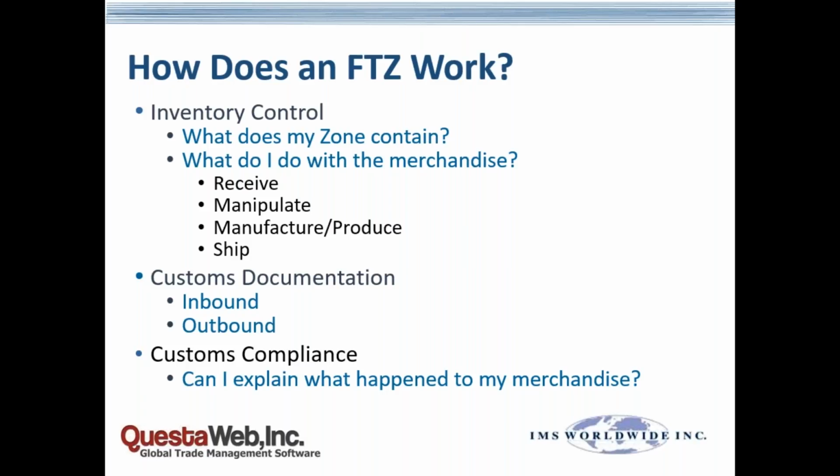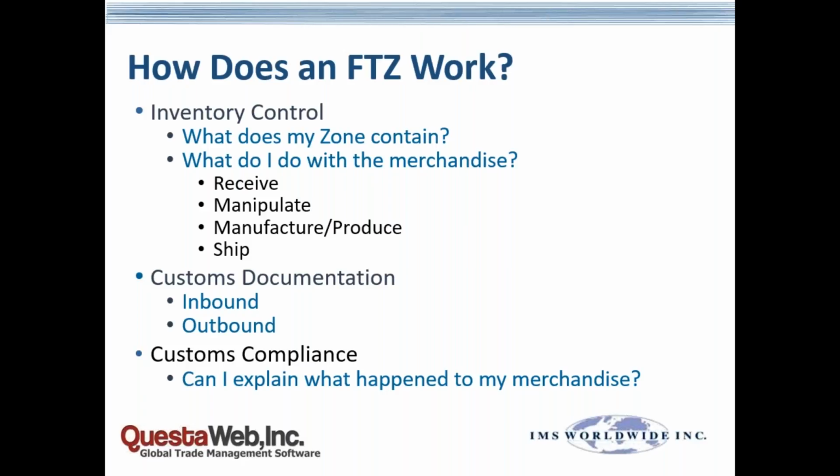And the other element to that is obviously, what do I do with the merchandise? Obviously, I receive it and I ship it, but how do I manipulate it? What are some of the manipulations that I perform? Do I re-tag merchandise? Do I kit merchandise? And in any of these processes, do I conduct an activity that would raise itself to manufacturing or production within the foreign trade zone definition?